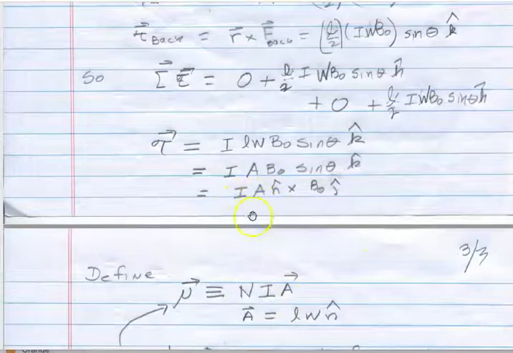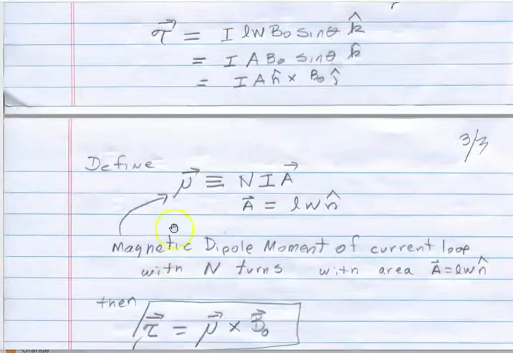So the A vector times the current is by definition the magnetic moment, represented as mu. Now, I've been carrying it as I. It could be N wraps of wire, and so sometimes you'll see this expression. Here we have N wraps of wire, any individual wire carrying a current I, and the area is the area vector of the circuit loop that's enclosed, in our case L W n hat. And that's defined to be the magnetic moment vector of the current loop.